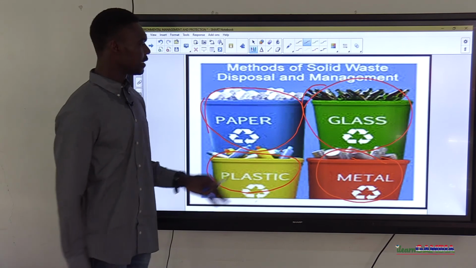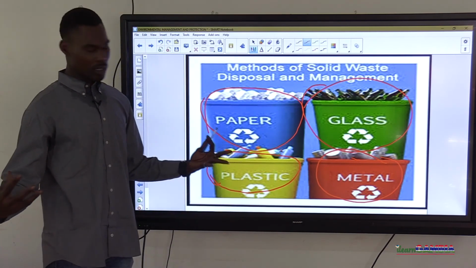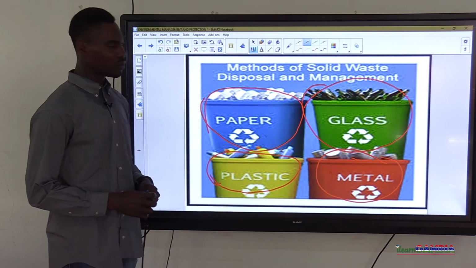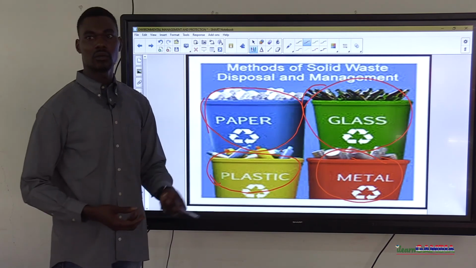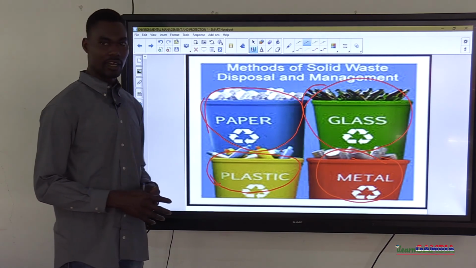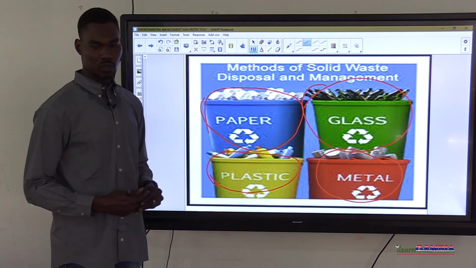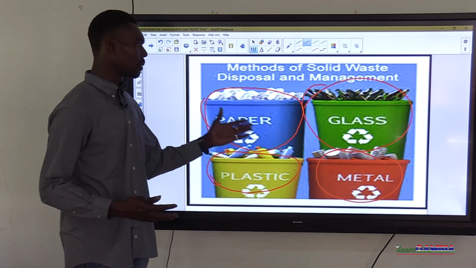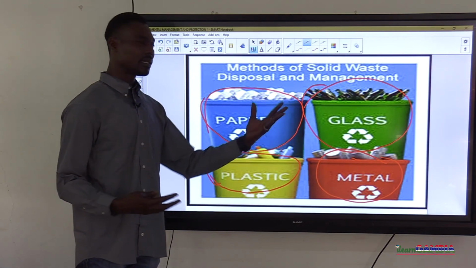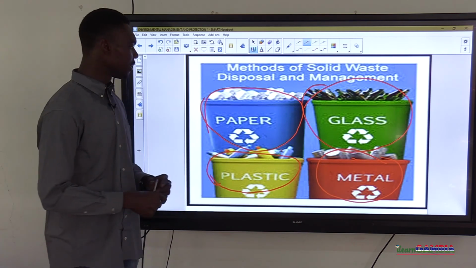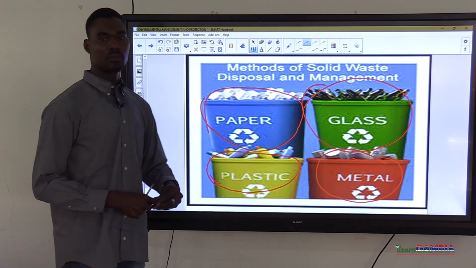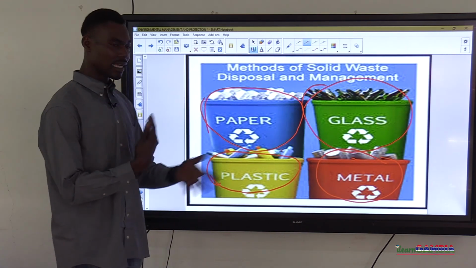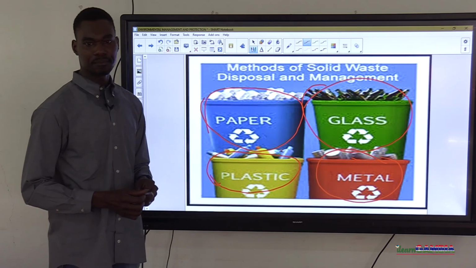You can see the refuse is all sorted out so that it will not be mixed, and that will be easy for you to collect and then recycle. You don't have to mix all your refuse together. Separate them in different containers or dustbins so that the recycling could be easier.